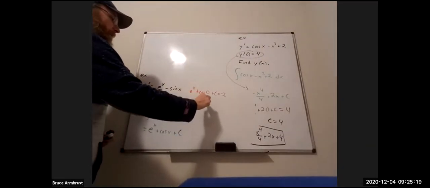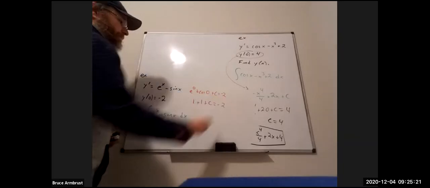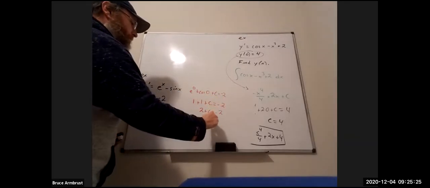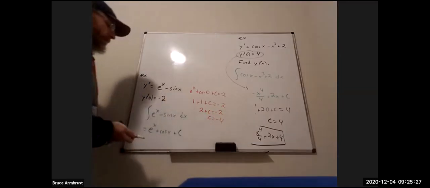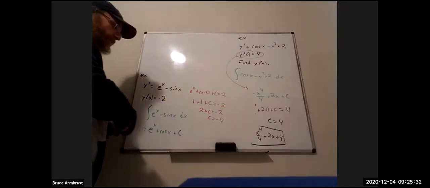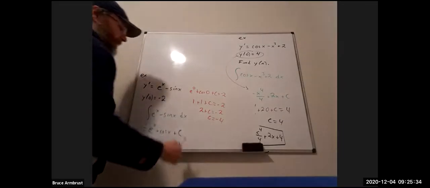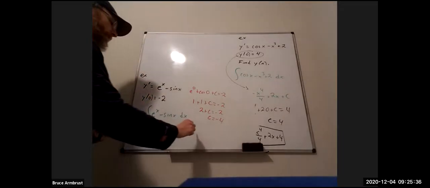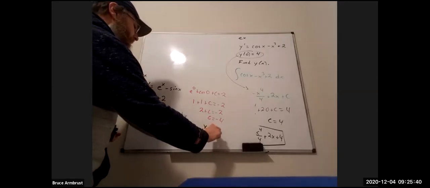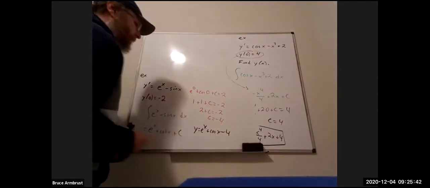Cosine of 0 is 1. So we get 2 plus c equals -2, or c equals -4. So the function then that solves this initial value problem is y equals e to the x plus cosine of x, minus 4.